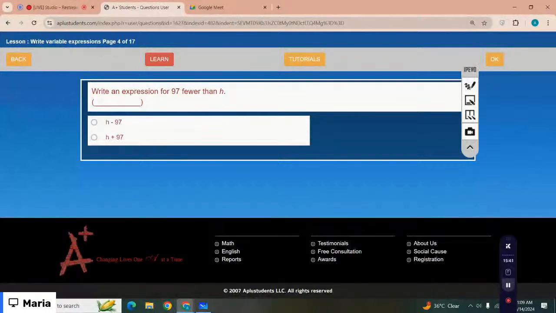Write an expression for 97 fewer than h. So which is the correct option? The correct option is h minus 97, right? Option 1 is the correct option.